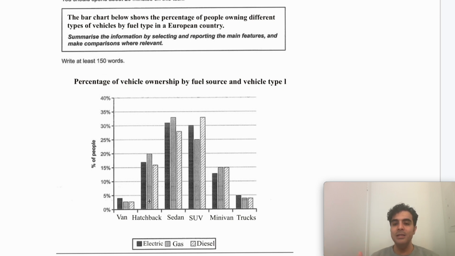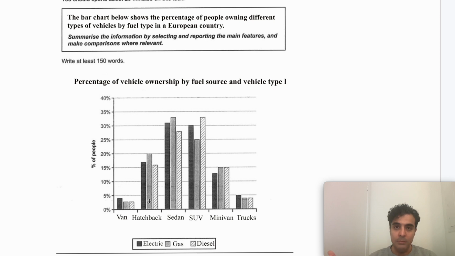For example, if I decide to go with the car types, maybe I can put vans, minivans, trucks together, and then put hatchback, sedan, and SUV together. And the rationale would be, household versus cars that one would own as, for example, a business, right?